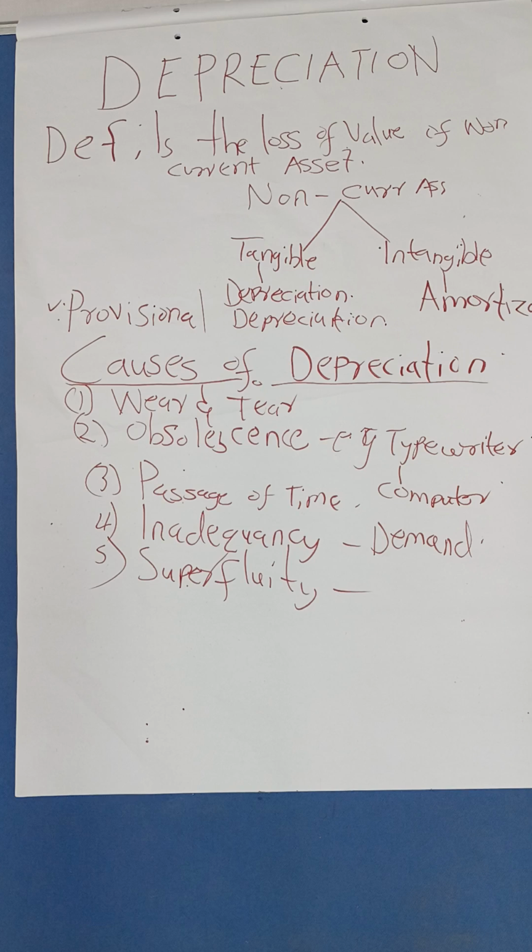Remember, in inadequacy we were saying the demand is high, so we need to get a machine that can produce 1,000 units compared to the 100 units we were producing. But now in superfluity, it means the demand has gone down, meaning that we now need to get the machine.